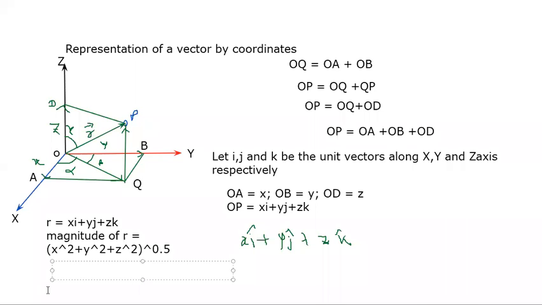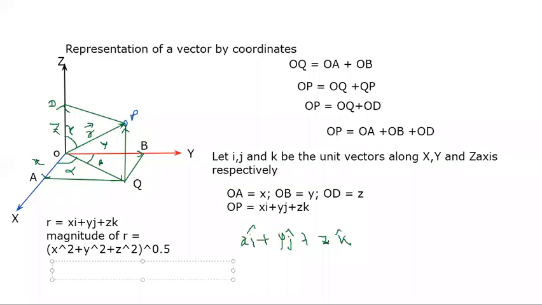Yes, sir. Okay. And as I have told you, alpha, beta, gamma are the three angles which the resultant R makes with the three axes OX, OY and OZ. Angles you can find out by tan, or you can find out by cosine, no problem.